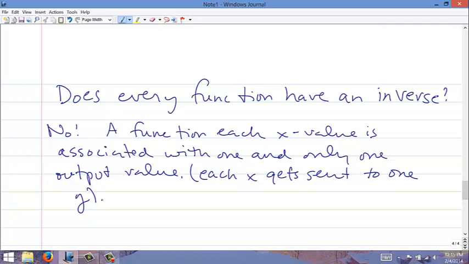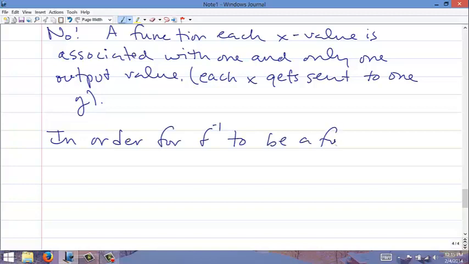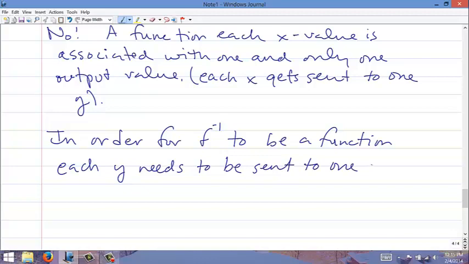So if we're flipping around and y's are now the input, in order for f inverse to be a function, each y needs to be sent to one and only one x value.